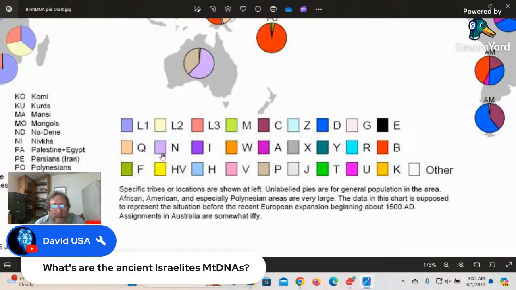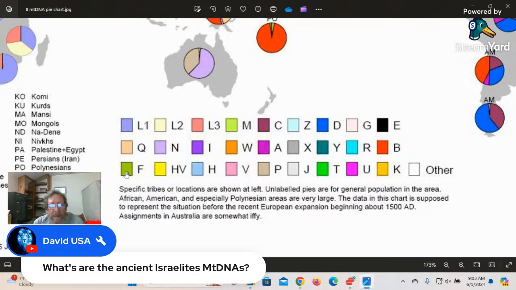And then the N starts the Semitic lineage. So the Semitic lineage is N, which is Judaic, in the Jewish population. Then there's the I and the W and the A, which are all connected. And then there's the X, Y, R, and B. The B is a Semitic lineage, of course, but this is the lineage that crossed the Pacific Ocean to America.